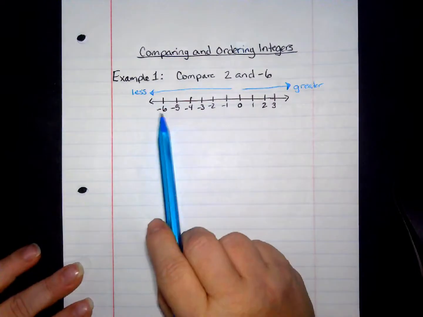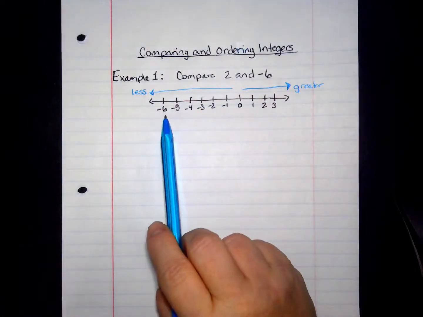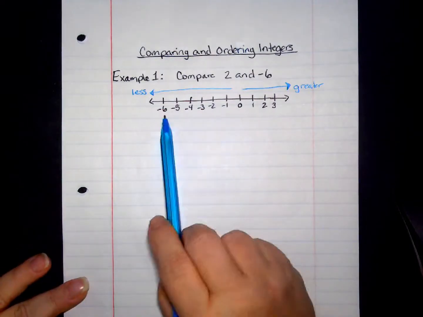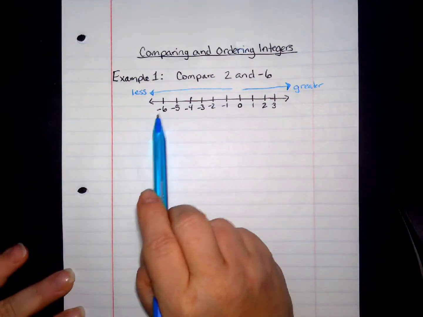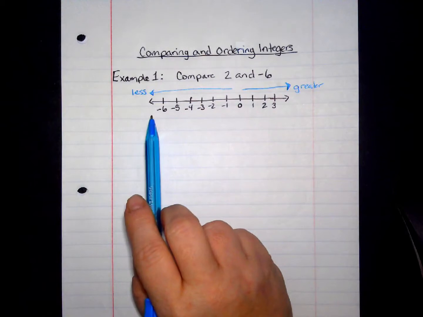So even though our number is growing, like from 1 to 6, 6 is technically a higher number, but that negative means it's actually becoming less quantity.